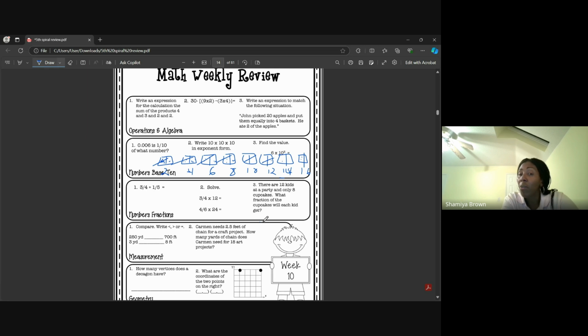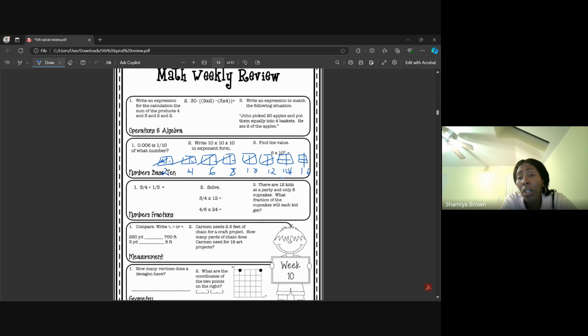So I can't give them a half. So I'm going to have to break this apart into, see what happens if I break it into fourths. So I have 1, 2, 3, 4, 5, 6, 7, 8. Oh, so I have exactly 8. So they can't get a fourth either.